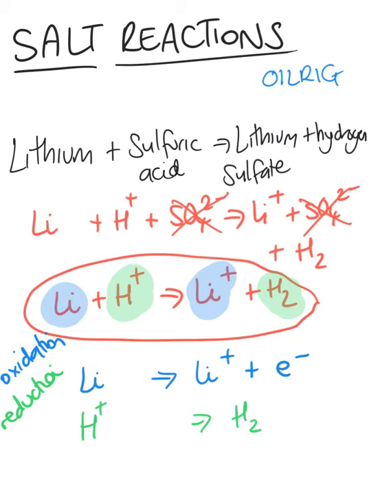We write the gaining of electrons on the left hand side by putting plus e minus. Now we need to balance this equation. We can't leave it like the lithium one. You've got 2 hydrogen atoms on the right hand side, not a charge, so we put a big 2 here. We now have 2 hydrogen ions, each needing to gain an electron, so we must put 2e minus there. And they are your 2 half equations for the above salt reaction, lithium plus sulfuric acid.